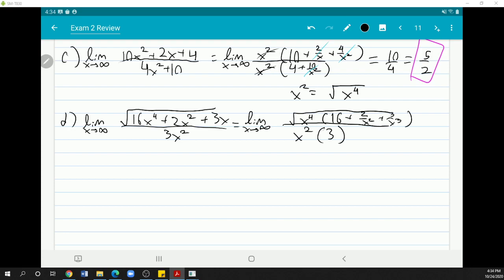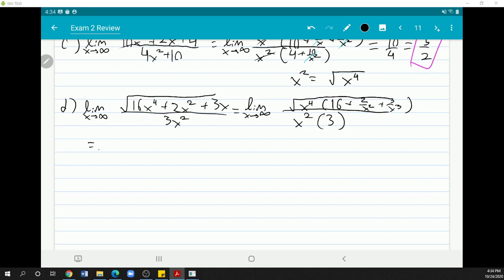And now what happens? I can say this is the limit as x goes to infinity of the square root of x to the fourth, because of the way square roots multiply. The square root of one thing times another thing is the square root of the first times the square root of the second. So that's what I'm doing here. Over x squared times 3.